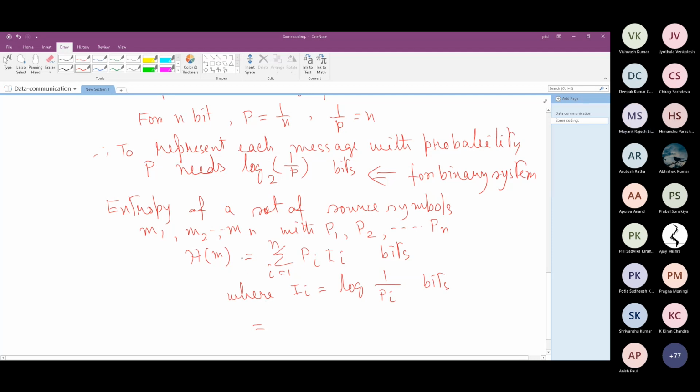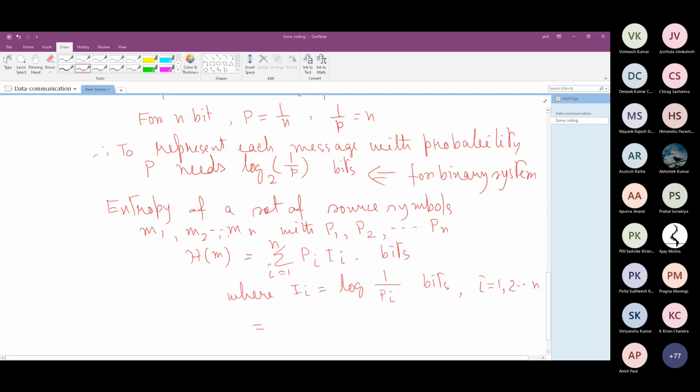Okay. We have a set of source symbols M1, M2 up to Mn, and they have the probabilities P1, P2, and Pn. Then the information of each of these symbols, for i equal to 1 to n, Ii is equal to log of 1 by Pi.